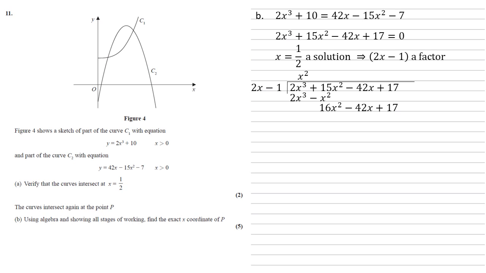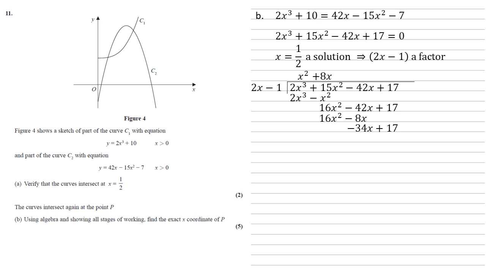We then repeat ourselves. So how many times does our 2x from the divisor go into 16x squared? That's going to be 8x. Again, multiply the 2x minus 1 by this to give 16x squared minus 8x, and take away and see what we've got left. So the x squareds cancel, minus 42x minus 8x is minus 34x, and we've brought down the 17.